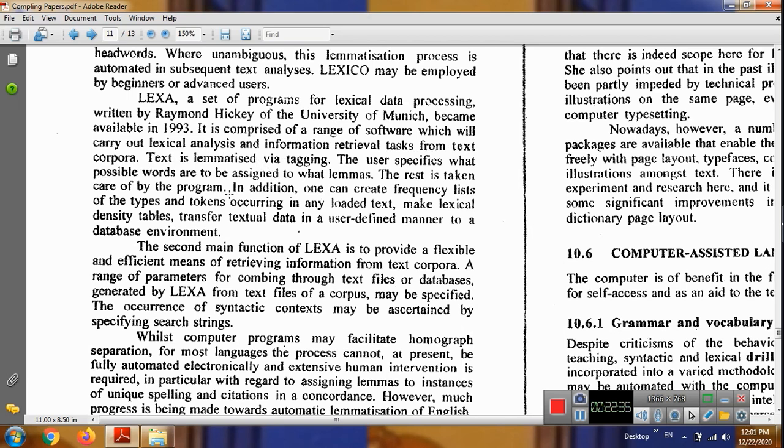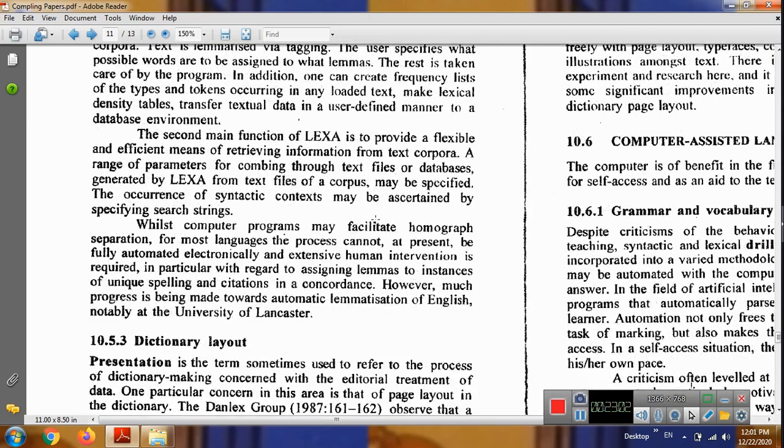The user specifies what possible words are to be assigned to what lemmas. The rest is taken care of by the program. In addition, one can create frequency lists of the types and tokens occurring in any loaded text, make a lexical density table, and transfer textual data in a user-defined manner to a database environment.